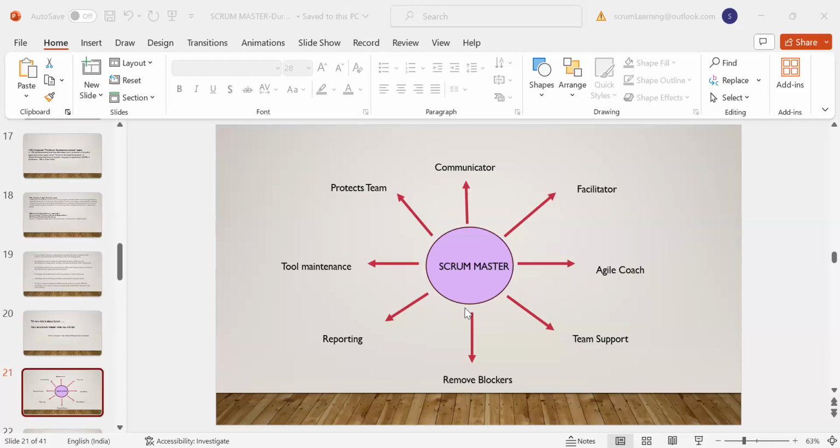We generally say, I facilitated, I communicated, I protected, I removed the blockages. Every Scrum Master does this. What special thing have you done for your project or organization that made you more valuable? That's what we need to share.